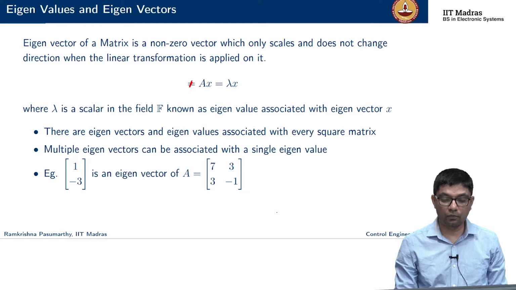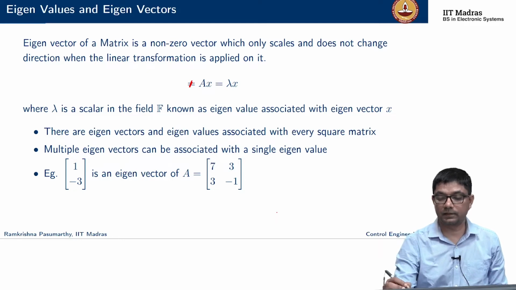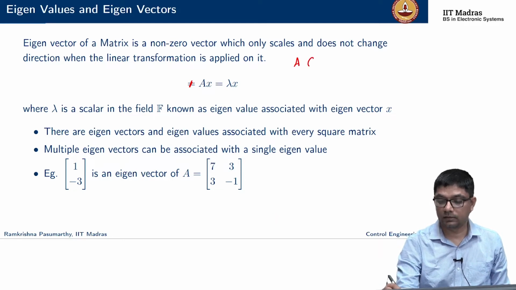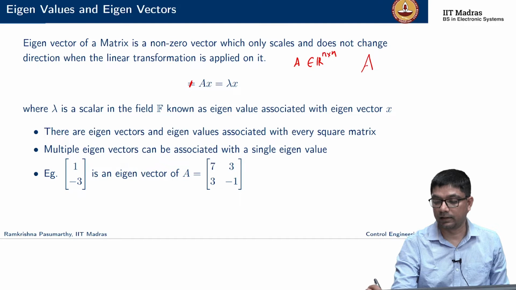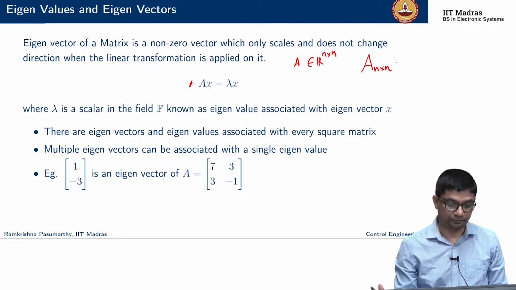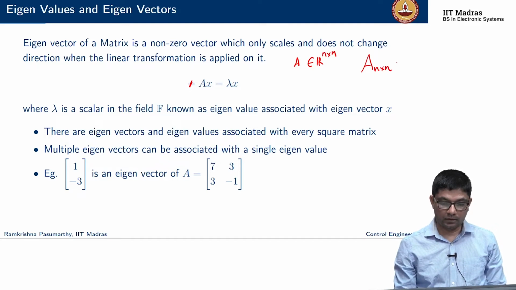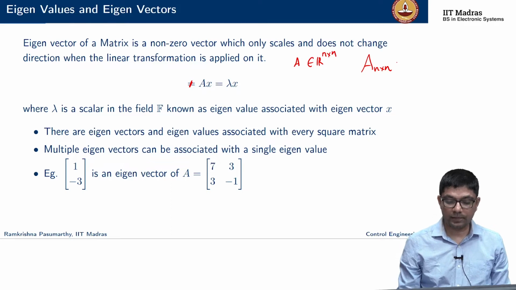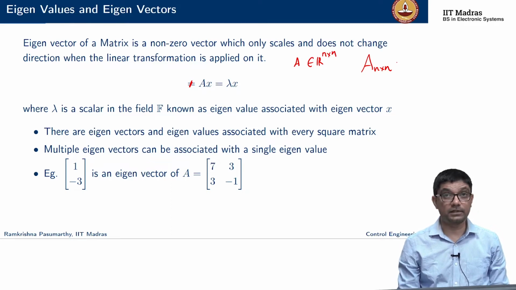Now we start with a matrix A. Let A be an n cross n matrix. Sometimes I will also denote this as A n cross n. Okay, what is the definition of an eigenvector?